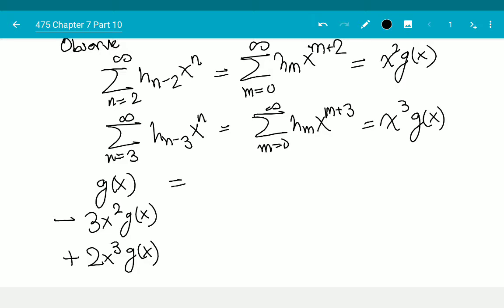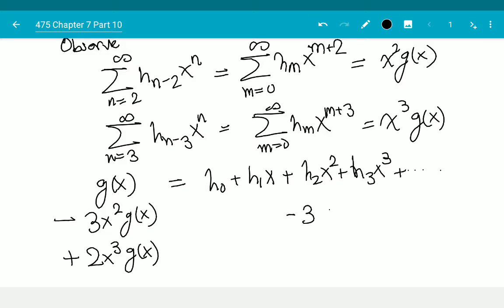Now g of x is h0 plus h1 x plus h2 x squared plus h3 x cubed plus dot dot dot. Minus 3x squared g of x is minus 3 h0 x squared minus 3 h1 x cubed plus dot dot dot.